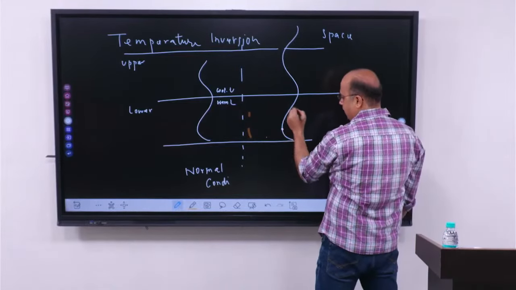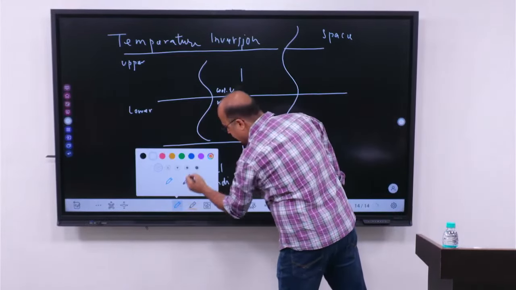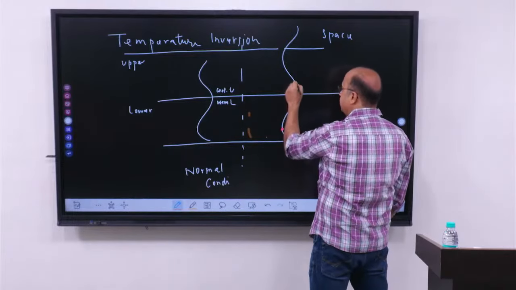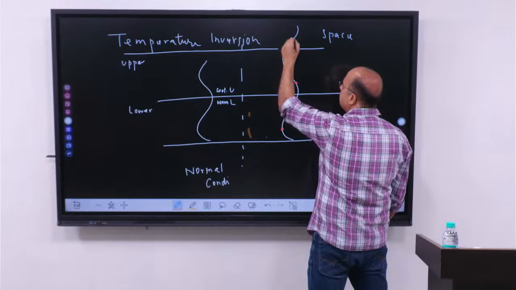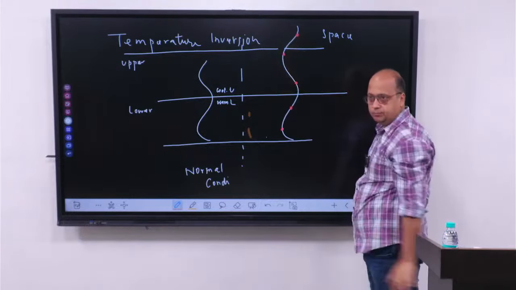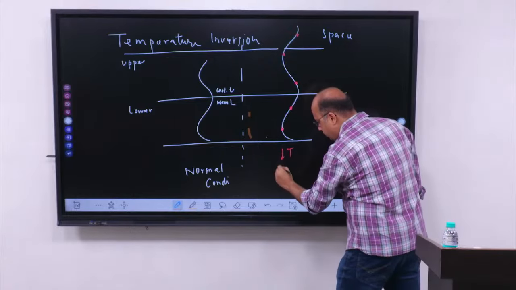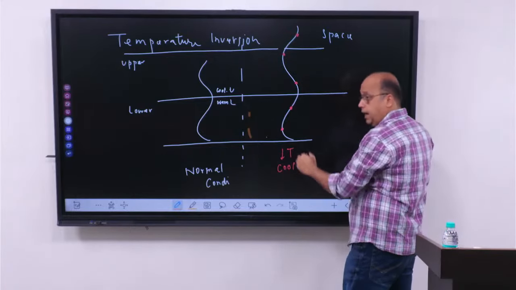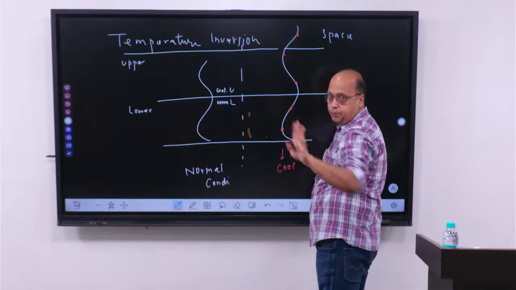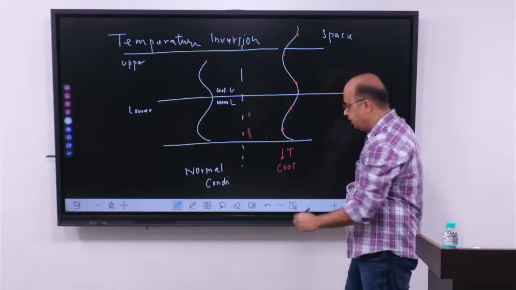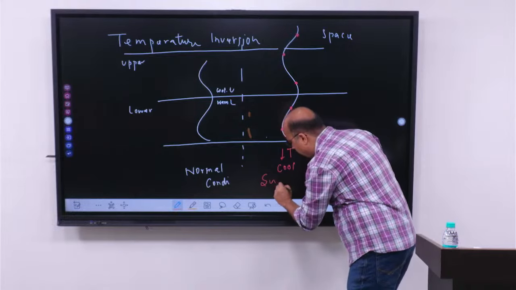Terrestrial radiation, letting this sensible heat energy reach space. If terrestrial radiation carries the sensible heat energy to space, the surface will start losing temperature and become cool. And if more of it reaches space, the surface will become super cool.